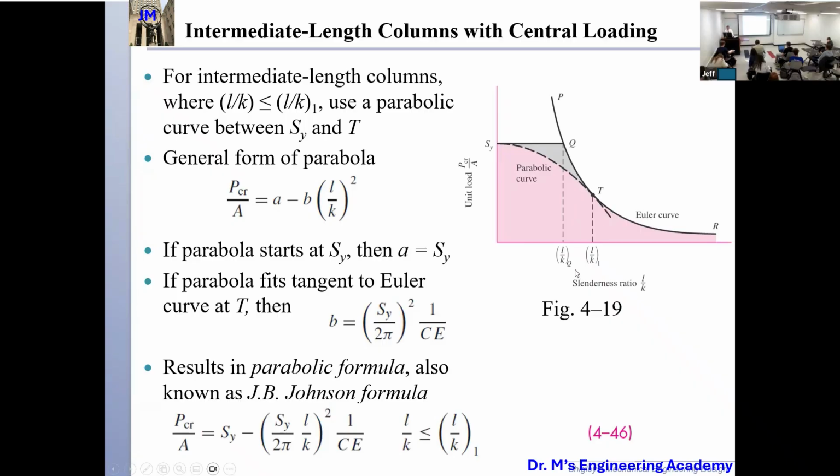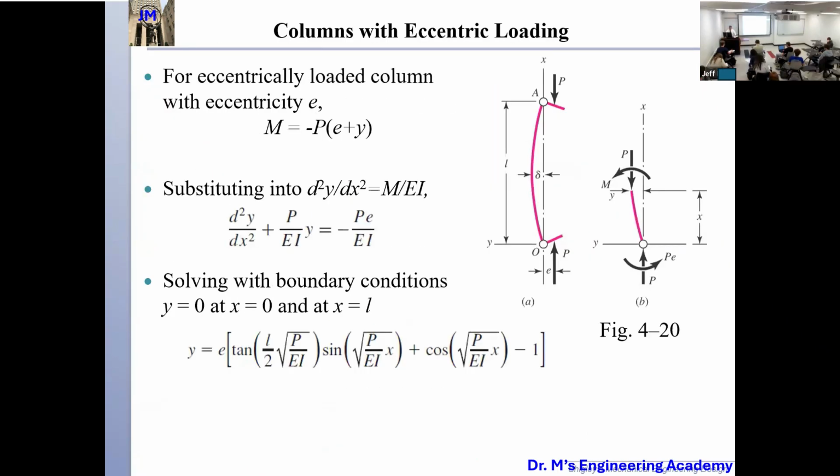Questions? The key is we calculate this critical slenderness ratio. Questions so far? No question? We just talked about columns with central loading, and we have two scenarios based on L over K: one is Euler, one is Johnson.